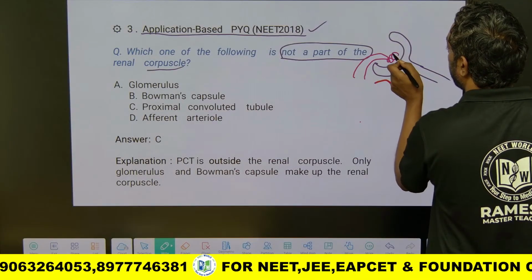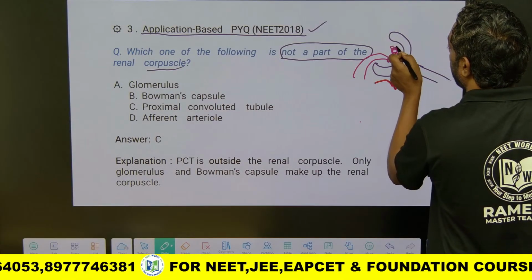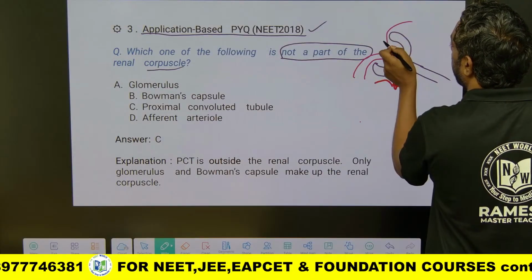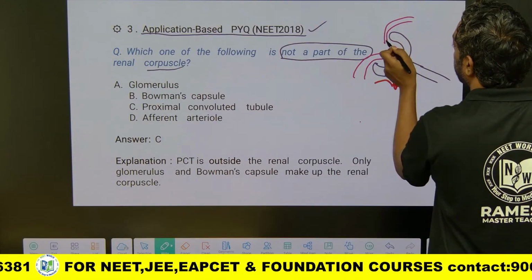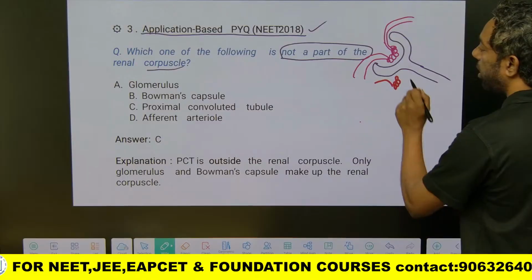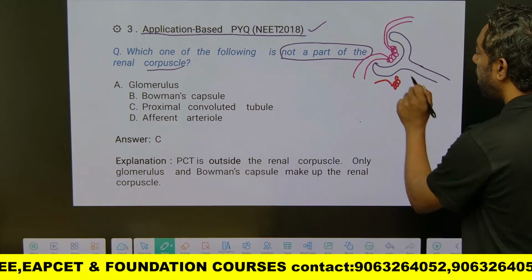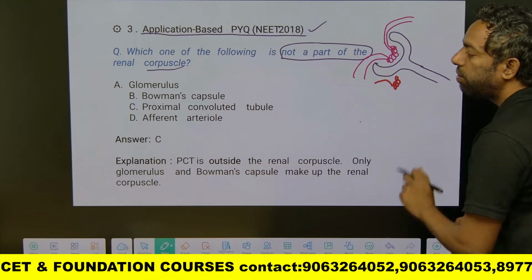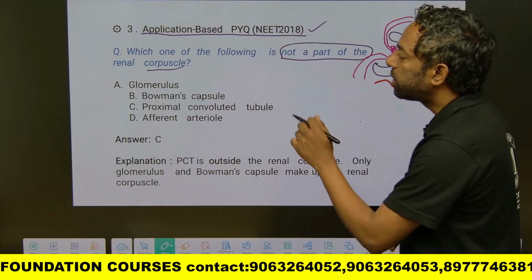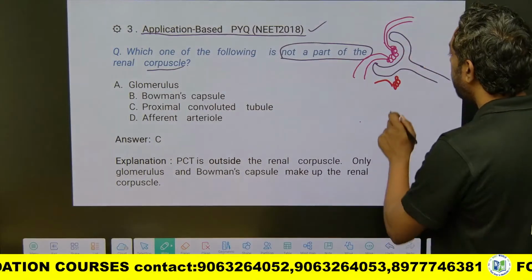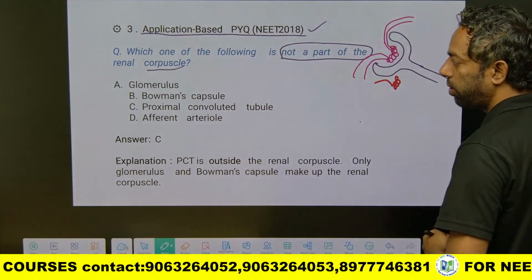This is the capillary network and the efferent arteriole, two arterioles, afferent and efferent, and a capillary network which is the glomerulus. Together with Bowman's capsule we can call this the renal capsule.